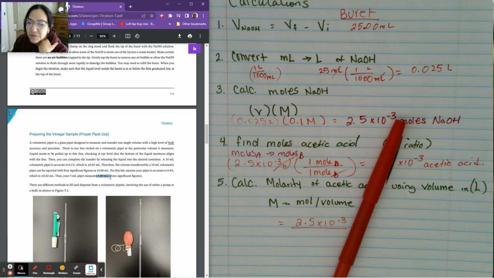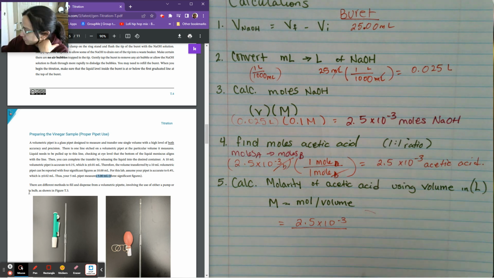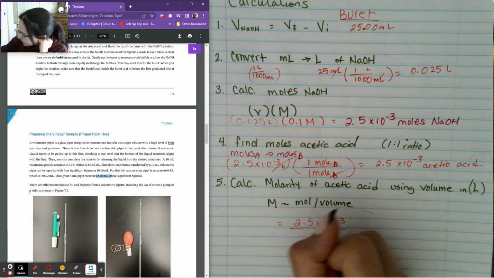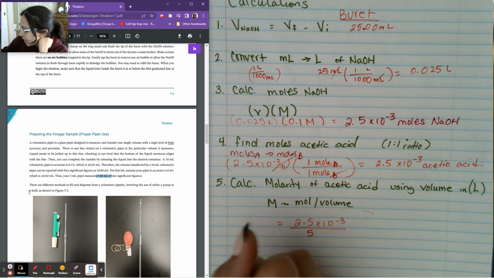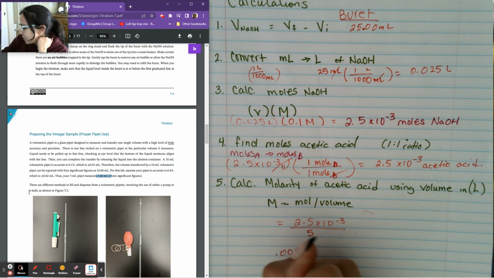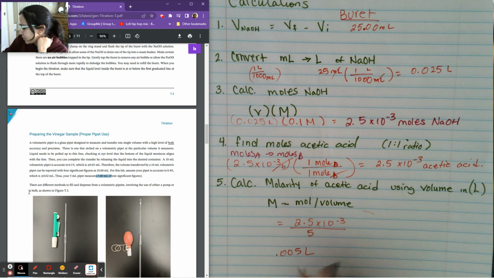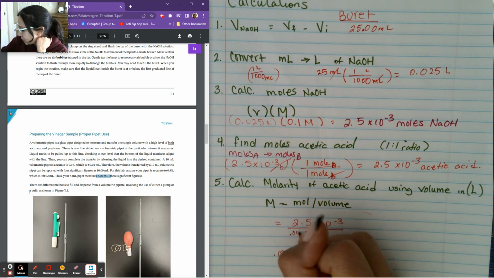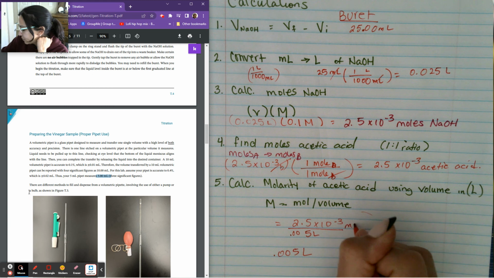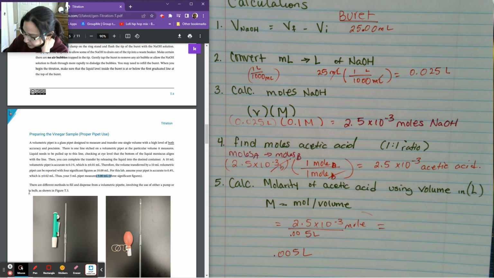All right, so we measured 5 milliliters. So we're going to take this and divide it by 5 milliliters, which is the same as 0.005 liters. And let's see what that gives us. I'm going to take the number here and divide it by 0.005.